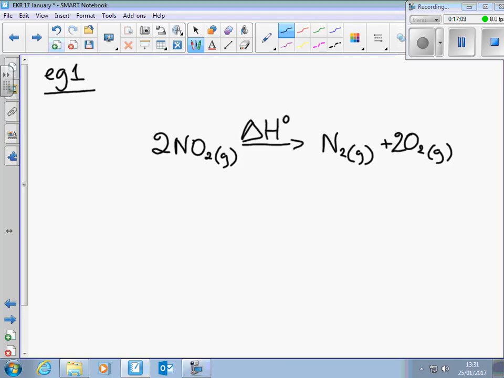Now, I'm not just going to put one. This is an enthalpy change of reaction, and that's the one we're working out, but sometimes you can put a 1 next to that R just to make it clearer. We can, however, go via, this is an easy one, we can go via nitrogen oxide, NO rather than NO2, and oxygen.